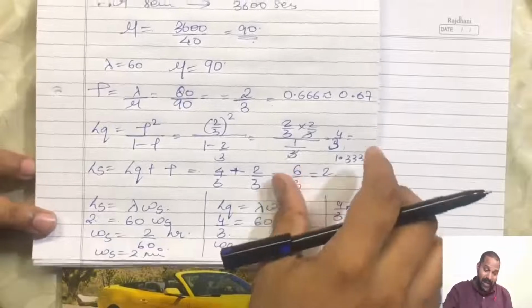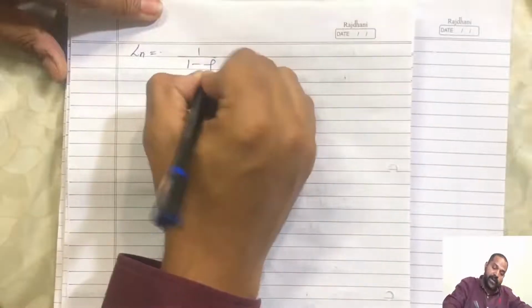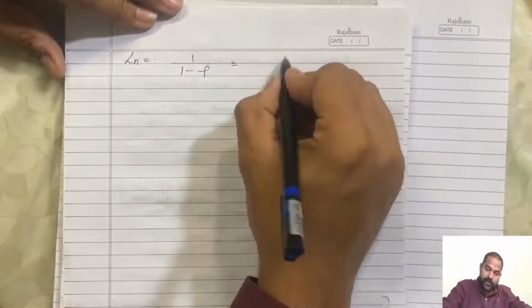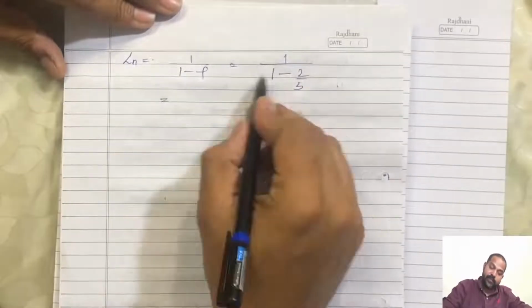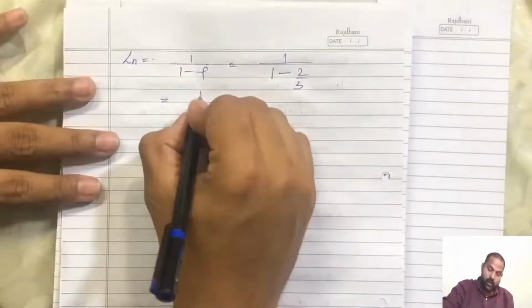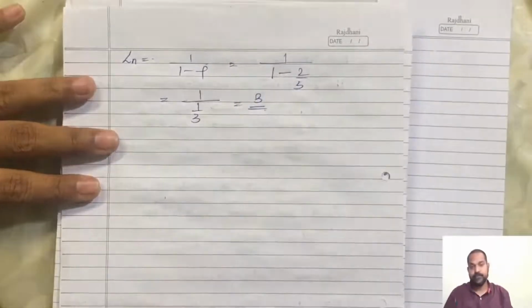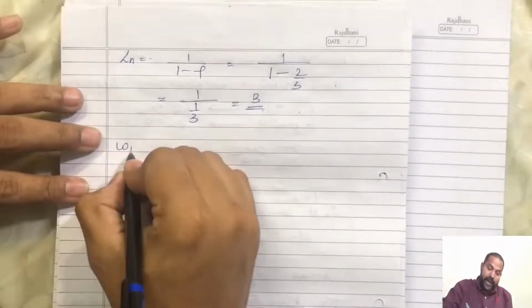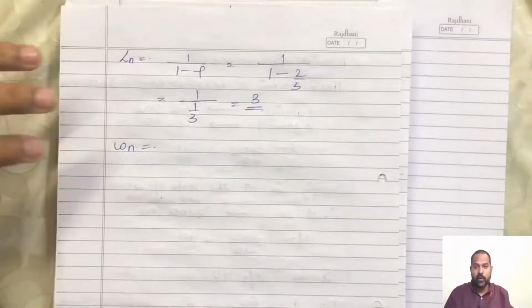We come to the last 2 things that they have asked us. Length of a non-empty queue is 1 upon 1 minus rho. Rho is 2 by 3, so it is 1 upon 1 minus 2 by 3. Take an LCM, 3 ones are 3, minus 2 is 1, 1 upon 1 by 3, which is 3. And lastly, waiting of a person who waits. Non-waiting don't consider.